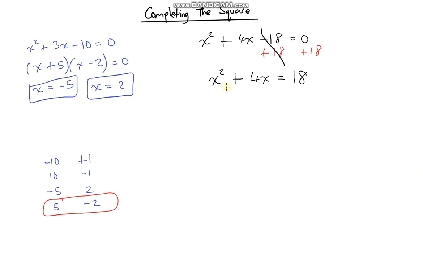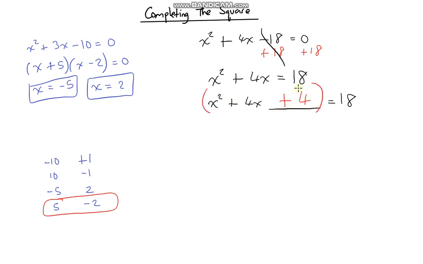Now we're going to complete the square. If I rewrite this, x squared plus 4x, and I leave a space so I can complete the square, and then that equals 18. In order to complete the square, I half the coefficient in front of x and then square it. Half of 4 is 2, 2 squared is 4, so I need to add 4, and now I have made a perfect square.